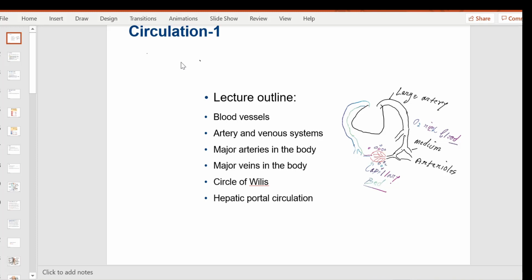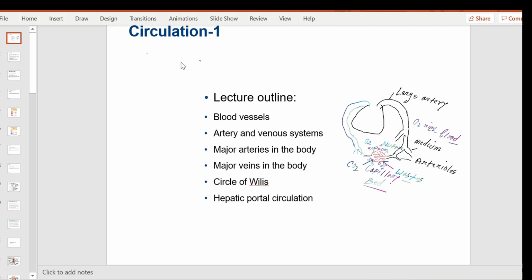So from the capillary, oxygen and nutrients, those two things, enter into the tissue. Okay, and from the tissue, carbon dioxide and metabolic wastes enter into the capillaries. So that is the exchange of chemicals that takes place through the capillary wall.